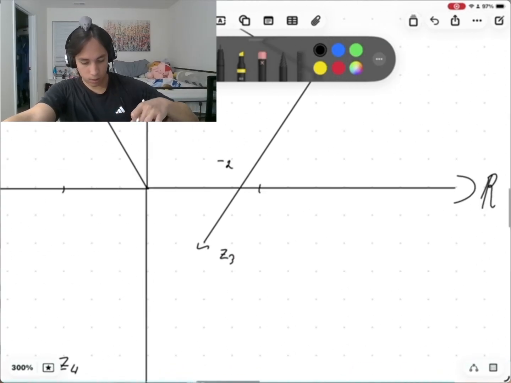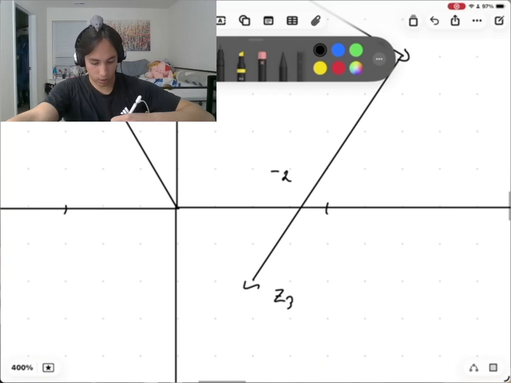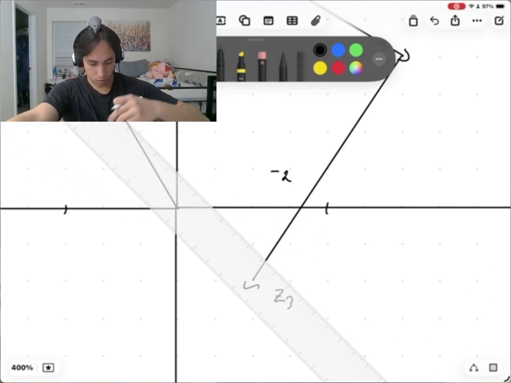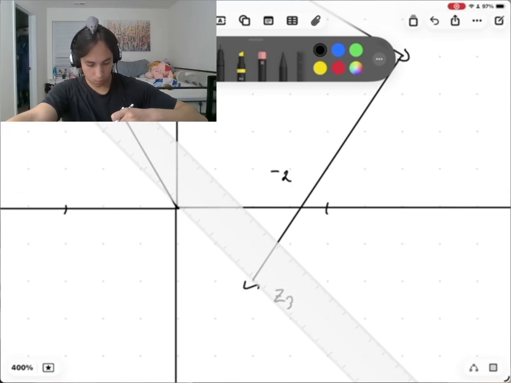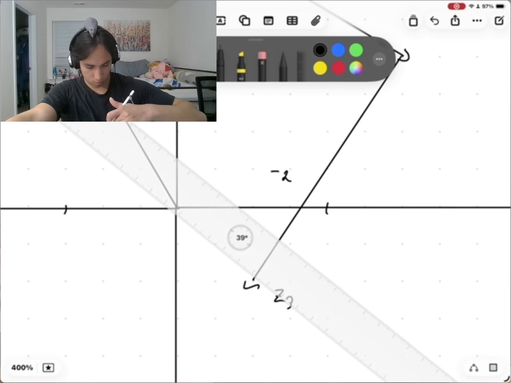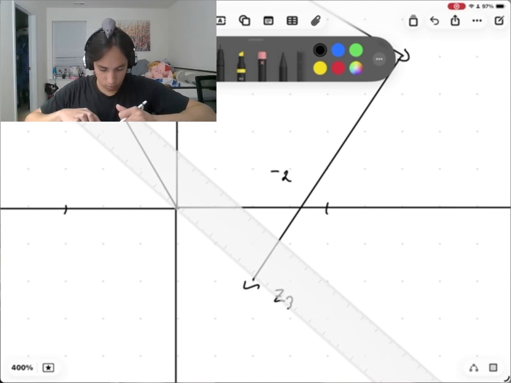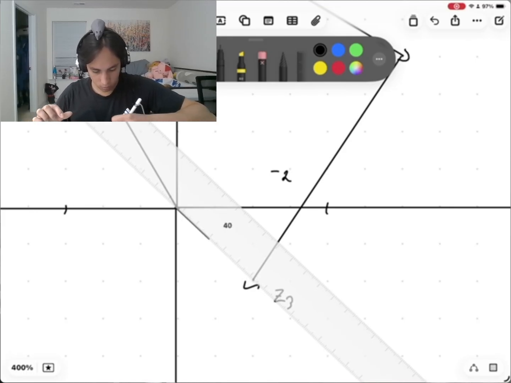Okay, so what we're left with is this result vector. Oh, that's very nice. Is that supposed to be, hold on. This is weird. What did I do wrong? Wait.